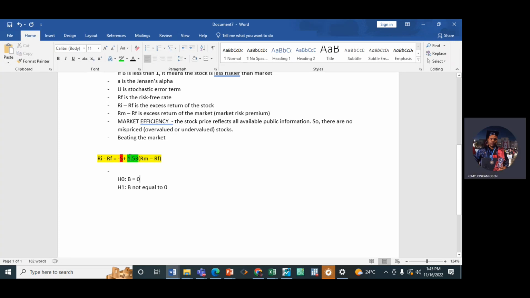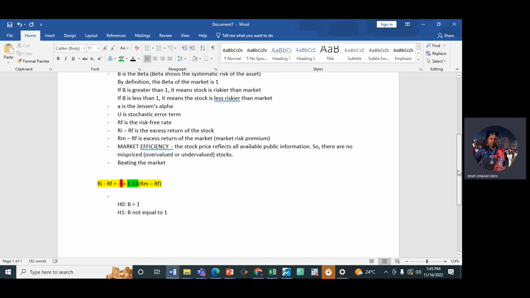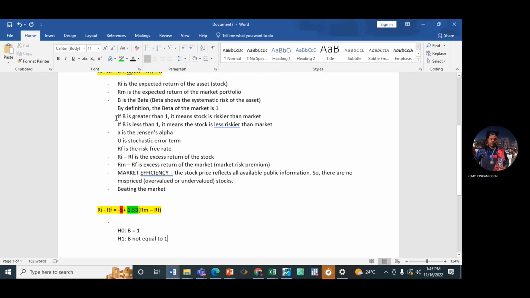But now for beta, we are not going to test whether it is 0 or different from 0. We are instead testing if it is 1 or different from 1. Why are we doing that? It's because by default, the systematic risk of the market is 1.